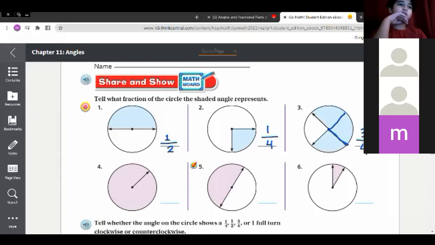First of all, you need to count how many sections in the circle. 1, 2, 3, 4. Write 4 down. Then count how many blue parts. 1, 2, 3. Write 3 in the place of the numerator. I think you understand now. Thank you, Abdul Mohsen.